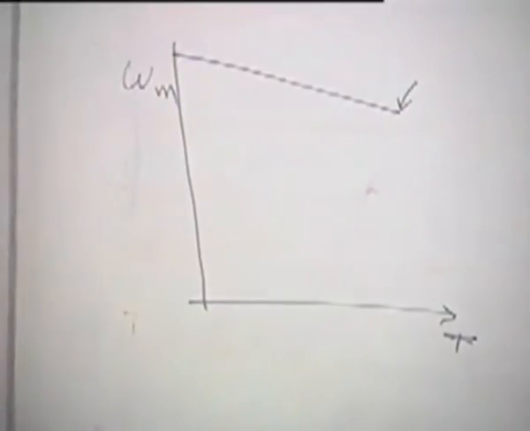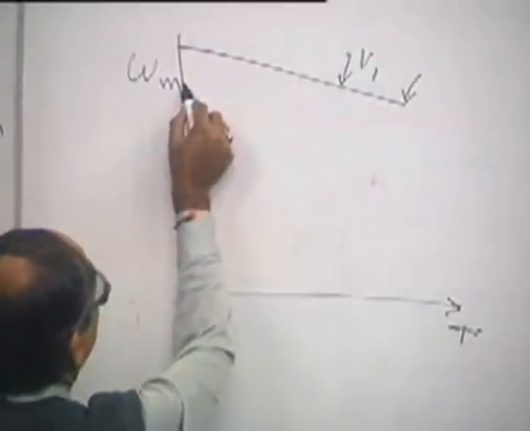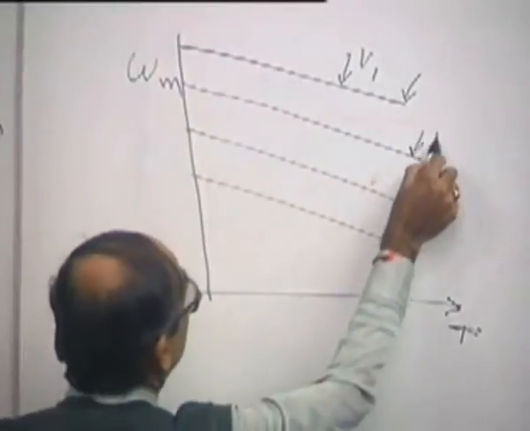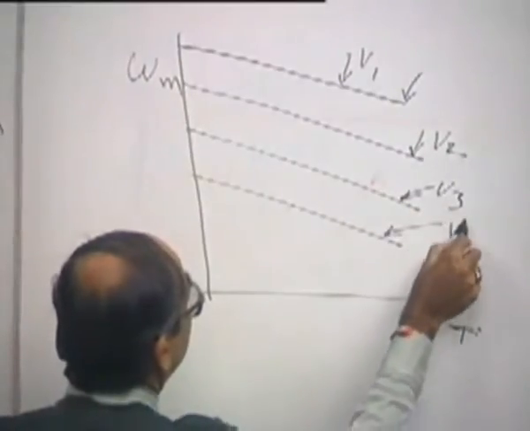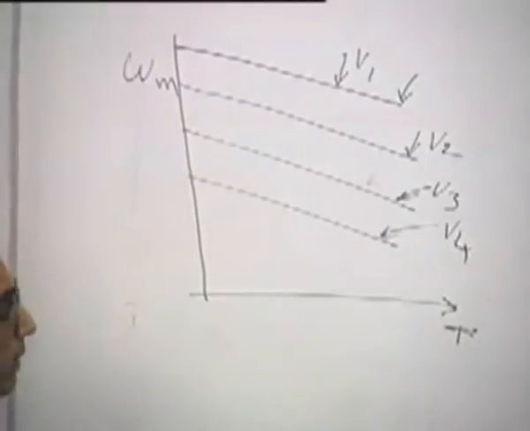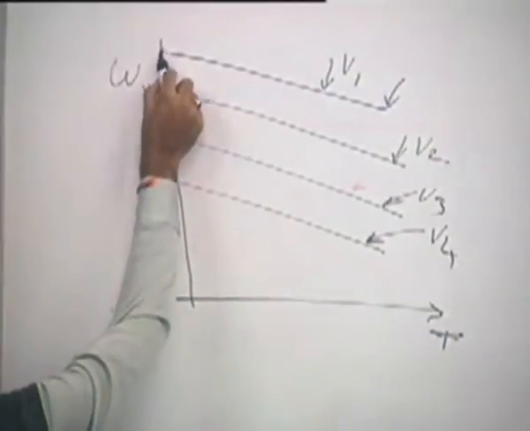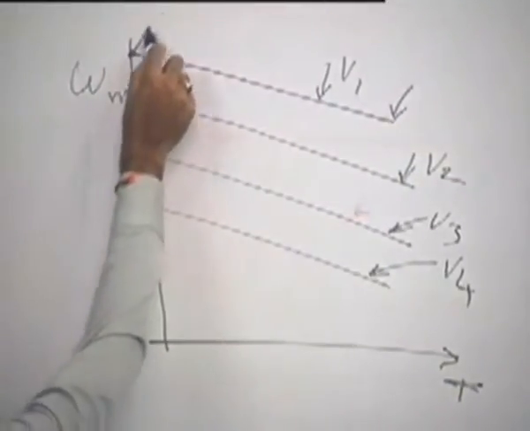Now if you change the voltage, this may be V1, and if you change the voltage, it will go more or less linear like this. This will be V2, V3, V4. And this one will be the no load speed.